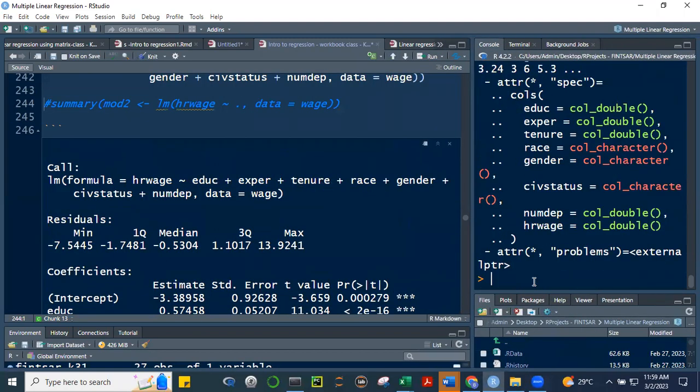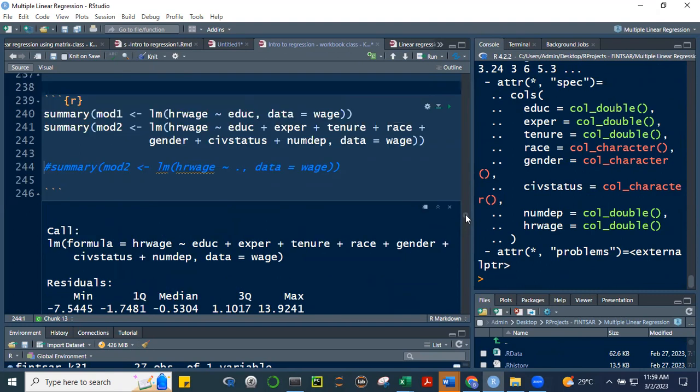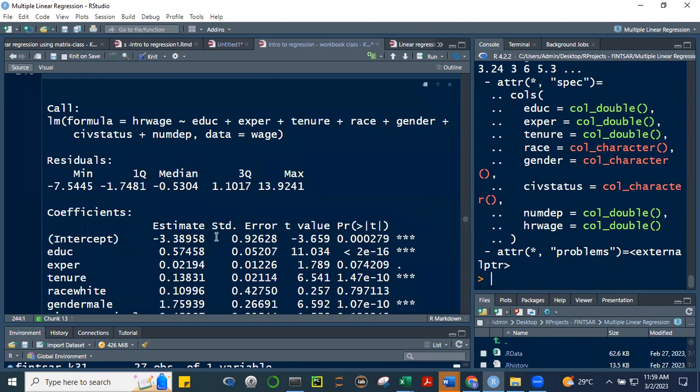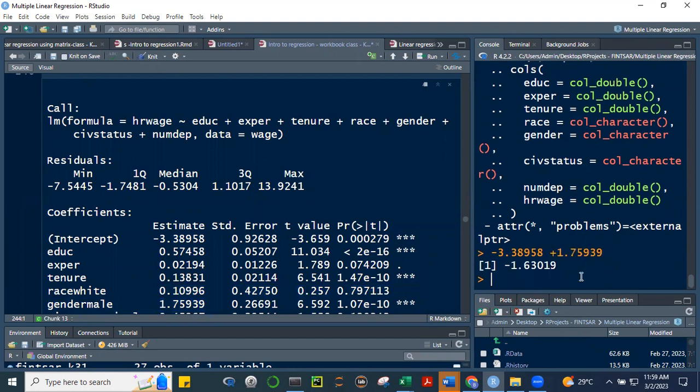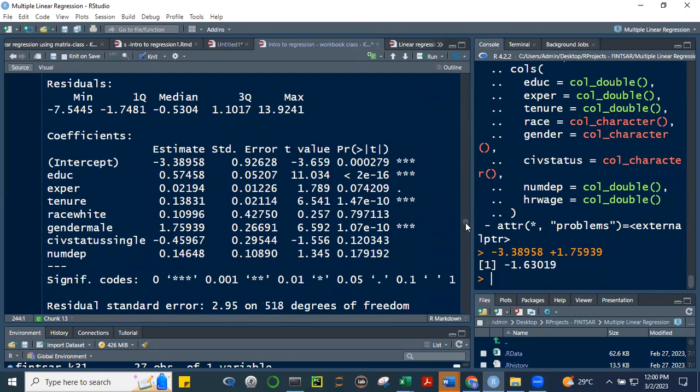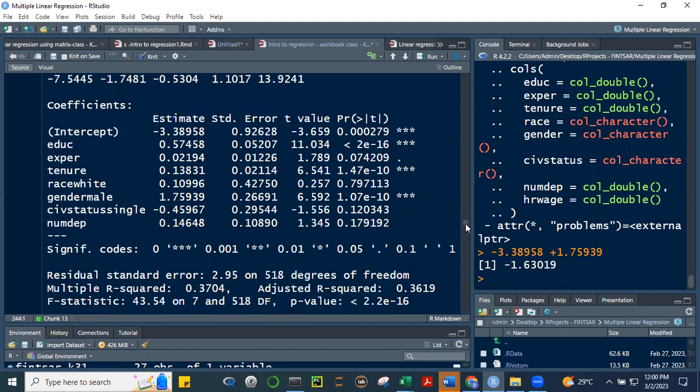Ito, Control C, Control V, and then we add. Okay, so that's the average hourly wage of a person with no education, no experience, no tenure, who is non-white, who is married, who has no dependents, who is female.